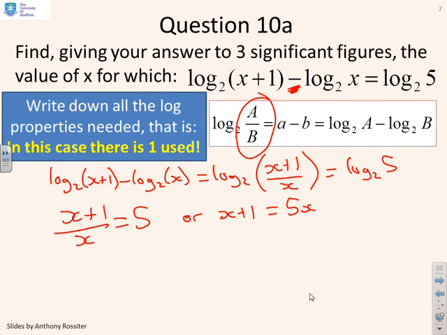And once you've got that far, did I miss something? No. Then you've now got 1 equals 4x, or x equals 0.25. So you can see that's a relatively straightforward question.